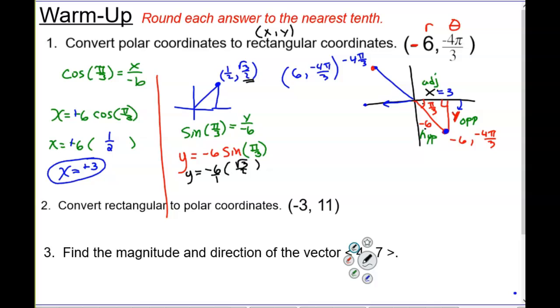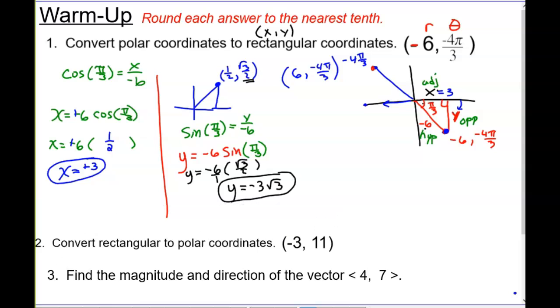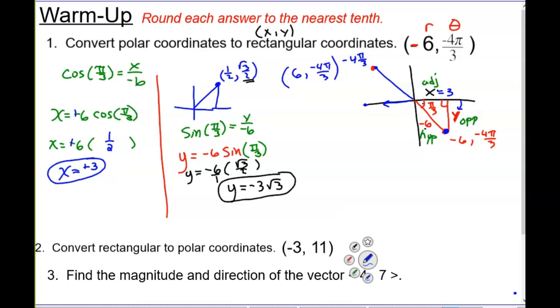Think of -6 as a fraction, -6 over 1. And I've got -6 divided by 2 is -3√3. Yes, you could grab your calculator and get that answer. But there's my x and y coordinates that I need to officially write as an ordered pair.